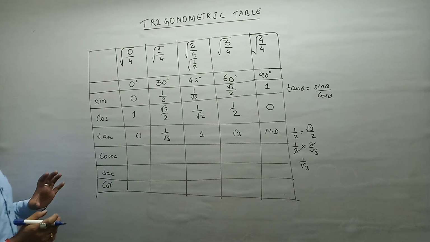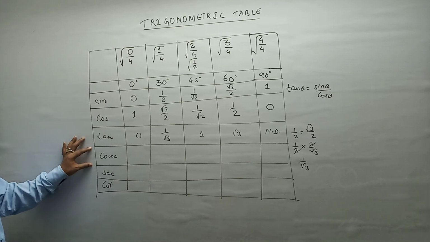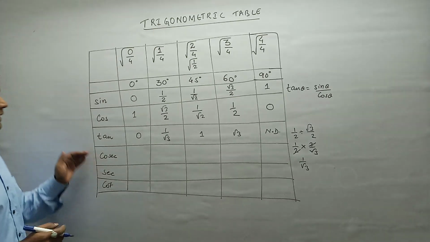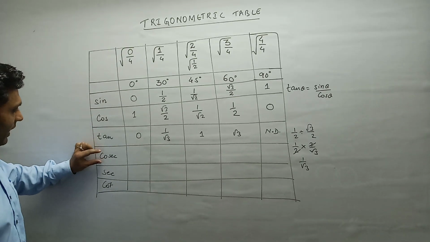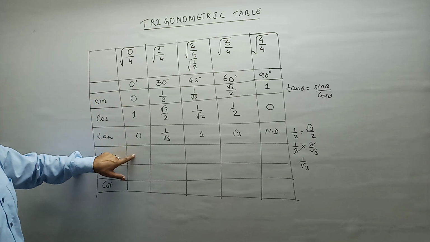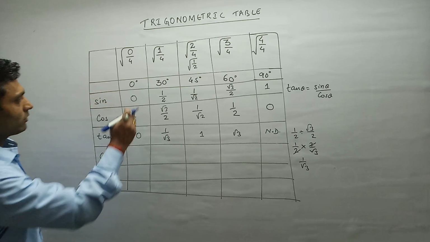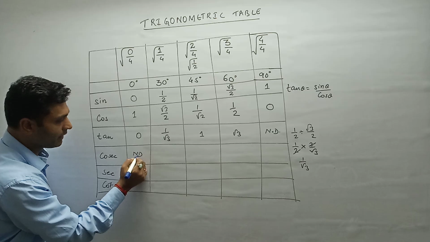Right? Now, the next is finding the value of cosec. We have already studied that cosec is equal to 1 upon sine. So if I take the reciprocal of sine, I will get cosec. Cosec is the reciprocal of sine. So the reciprocal of 0 is not defined.